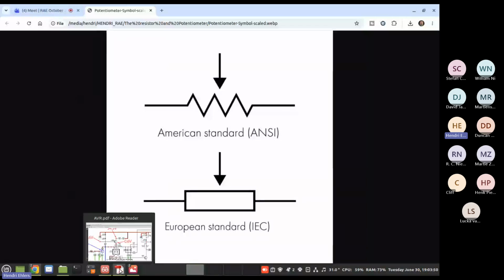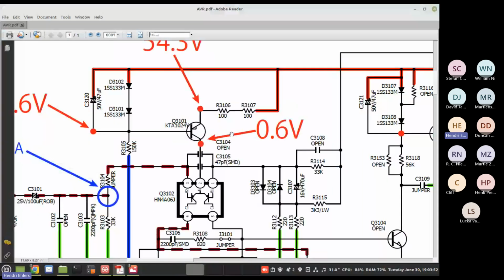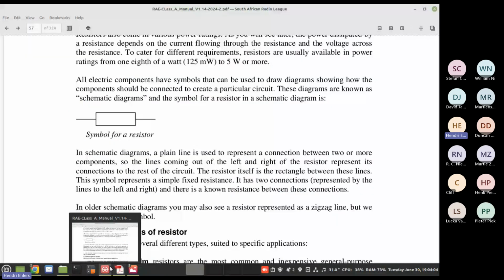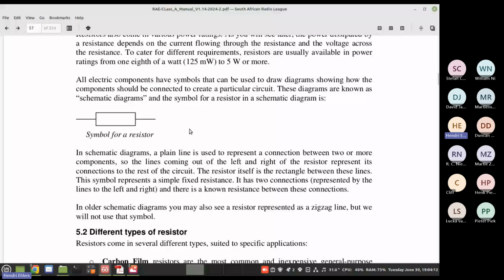So I've got a circuit diagram here, and you'll see there they show the resistor as the zigzag. They also mention that in the book. So this is probably going to be the only one in the exam, but it's good to know that when you encounter that zigzag, as they say here, older diagrams, the one I just showed you is brand new.